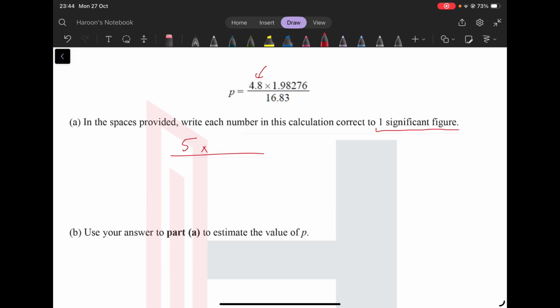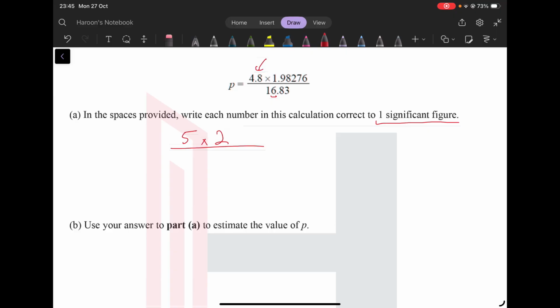I add 1 to the previous digit. So 1 becomes 2. So I'll just write 2, not 2.0. And in the denominator, I have 6 over here as the second significant figure. This is 5 or greater than 5. I add 1 to the previous digit. This 1 becomes 2. But I need to replace every number before decimal with 0. So 6 is before decimal. So this has to be replaced by 0. So this would be it.